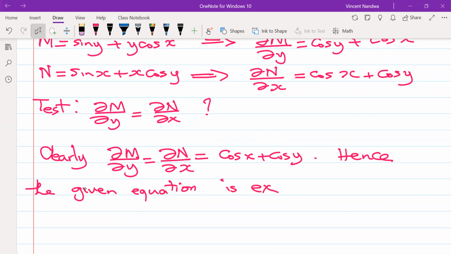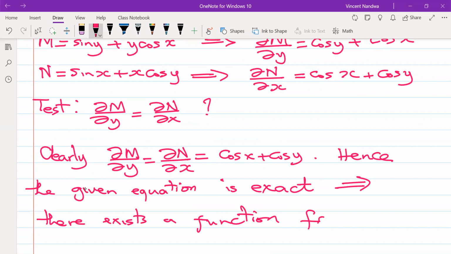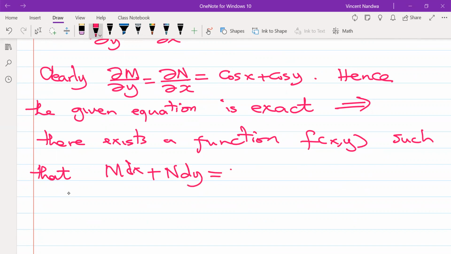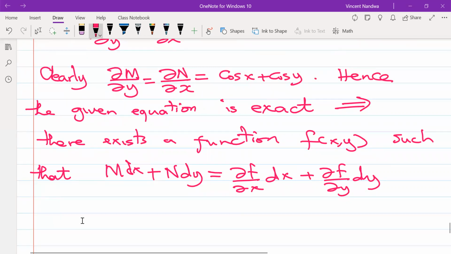And since the equation is exact, this implies that there exists a function f of x, y such that M dx plus N dy equals to partial f partial x dx plus partial f partial y dy. That is the nature of an exact differential equation.